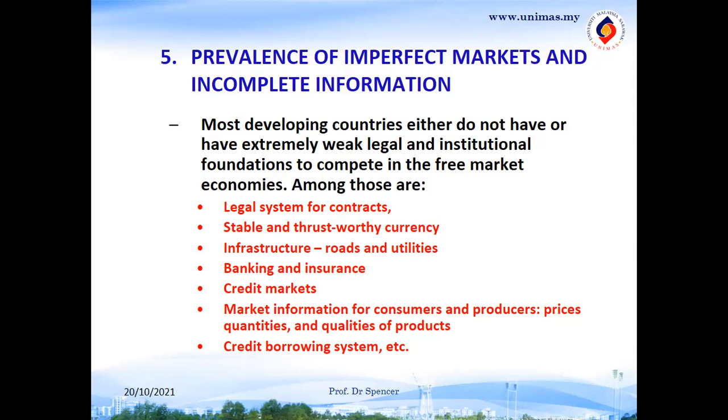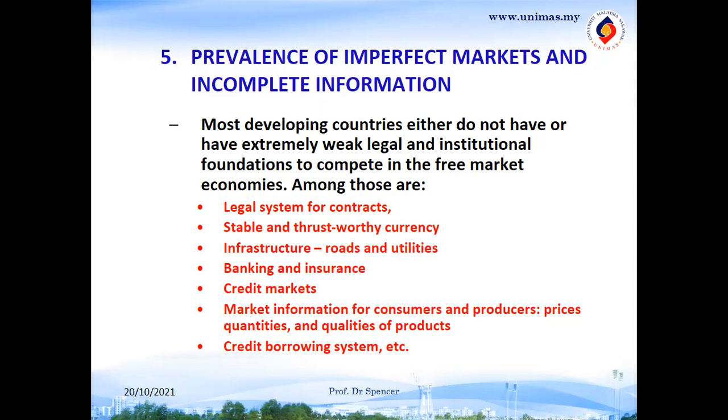So market information for consumers and producers in terms of the price, quantities, the qualities of products, many of these are not available. Jadi that affects the farmers who produce the agriculture products, because they do not have access to the market information.